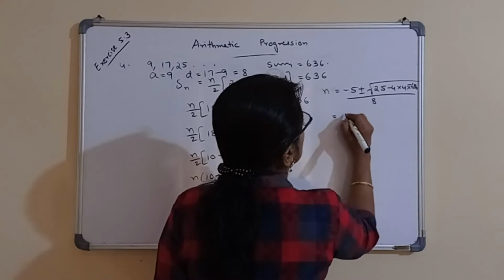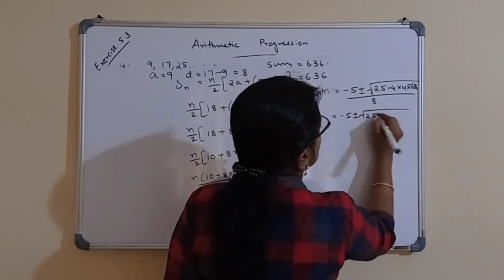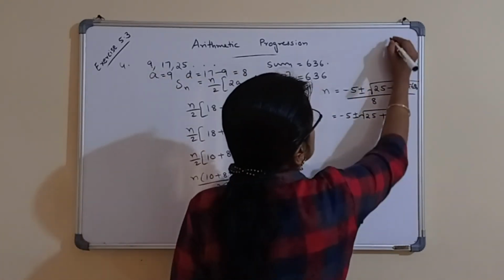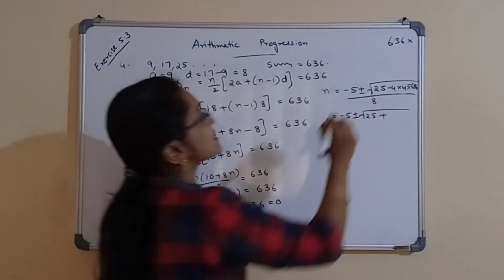So this is equal to minus 5 plus or minus root of 25, minus into minus is plus, and 636 into 4 into 4, which is 16.